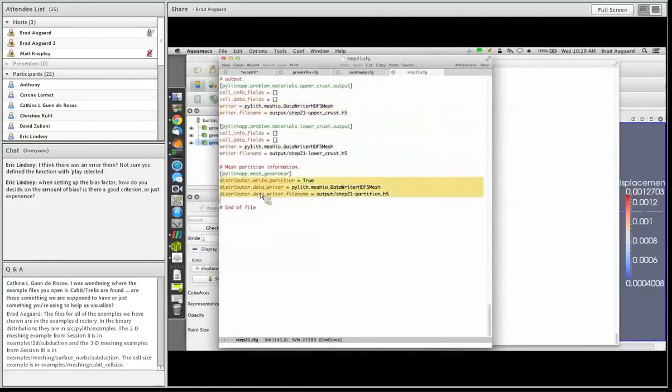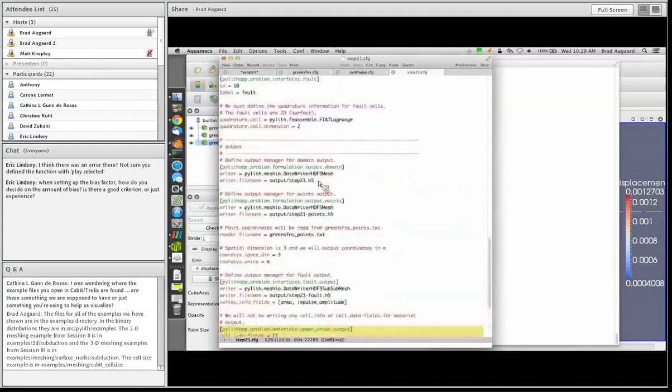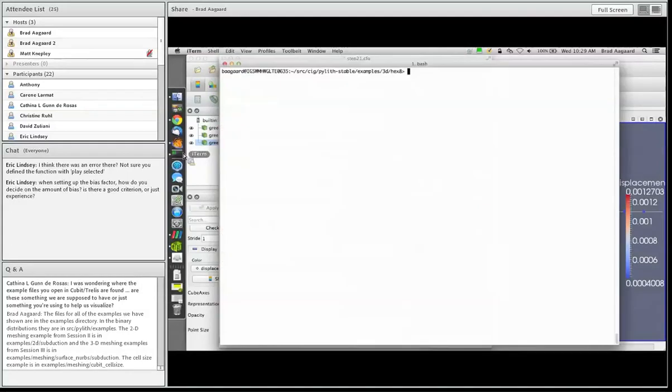We need to get to the right directory, 3D X8 output. We're at step 21, so let's open the point output and the fault output. The points we want to display as points. Make them nice and big.